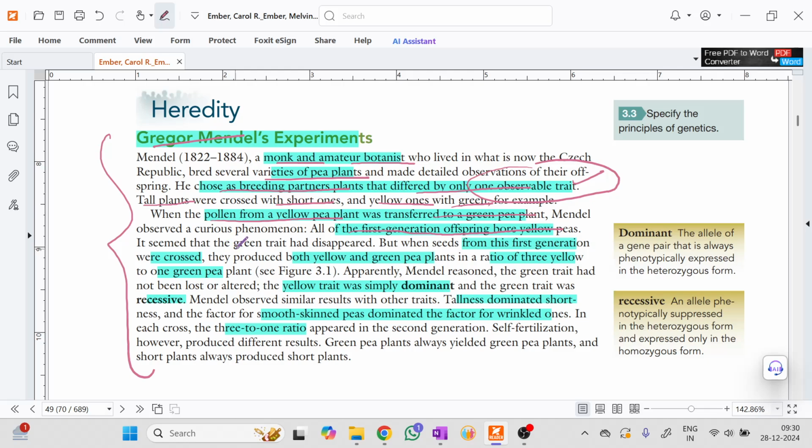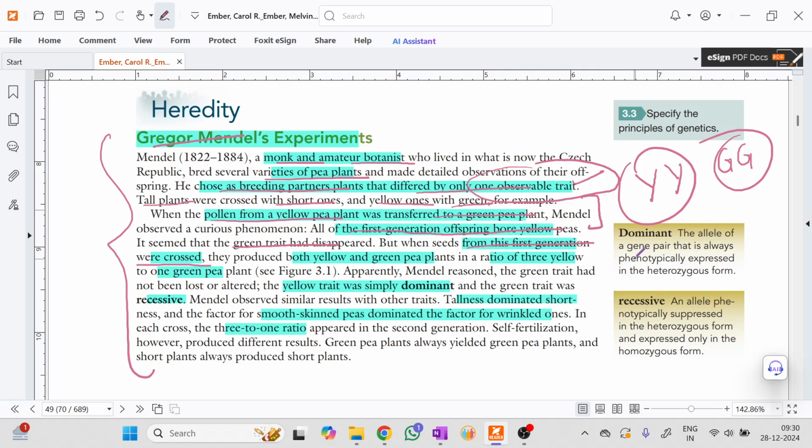It seemed that the green trait had disappeared, even though he believed that some of them would be green. Let's say at first he bred the plants in this way.